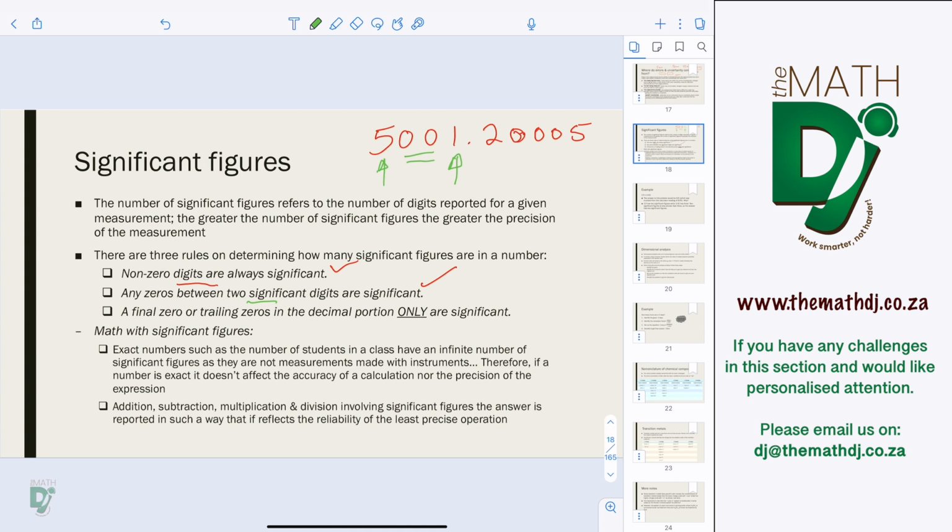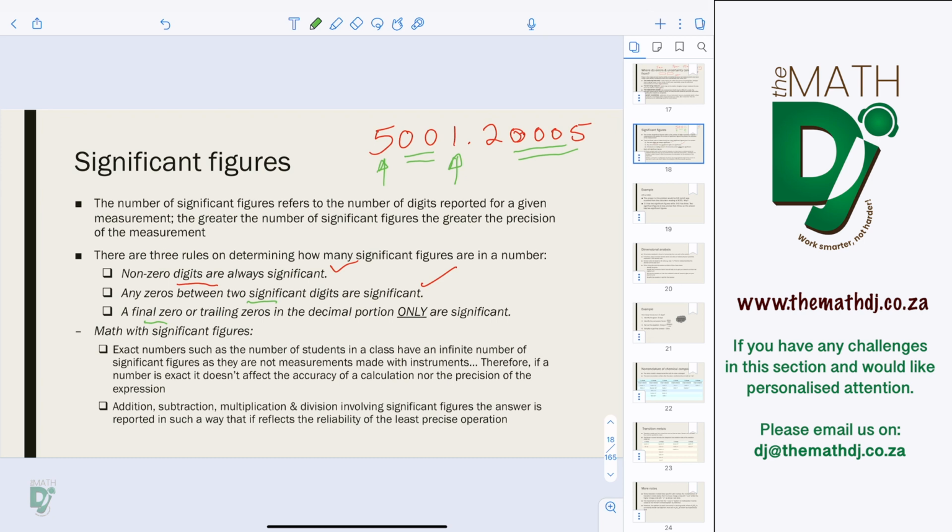If you remove these zeros, it's no longer 5001.20005. It becomes 51. So they are significant because they are placeholders. Then any final zero or trailing zeros in the decimal portion only are significant. So these are trailing zeros because after the decimal point they are acting as placeholders.